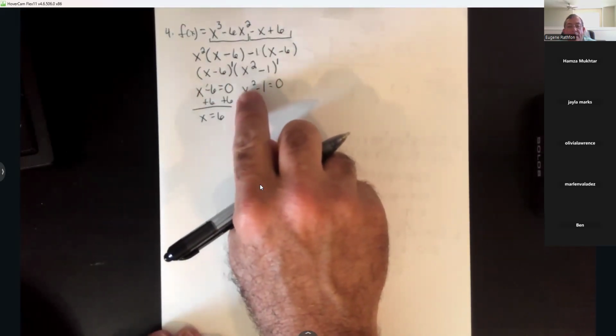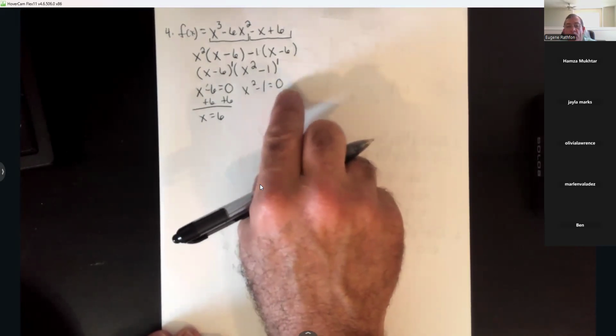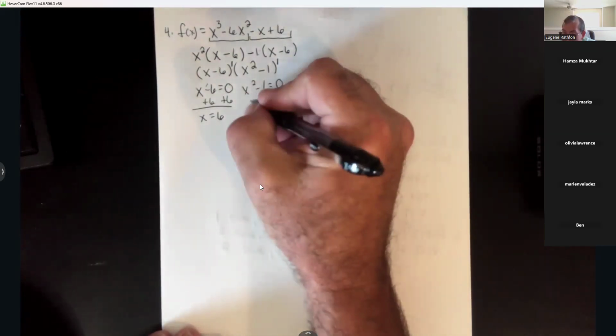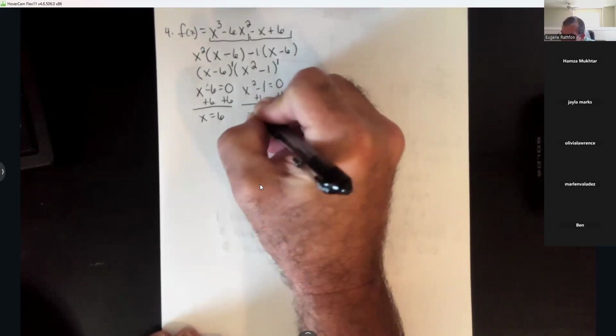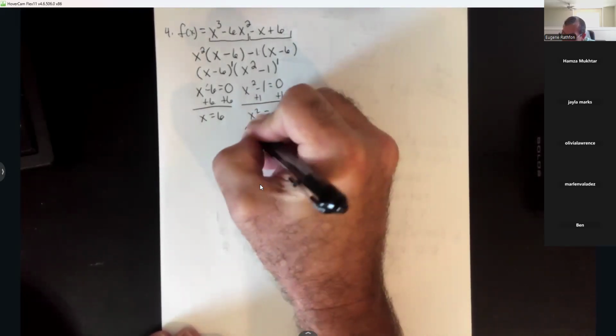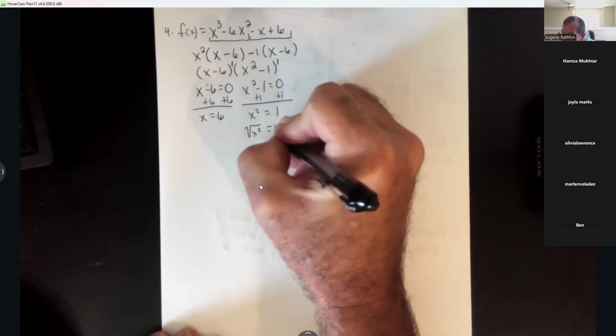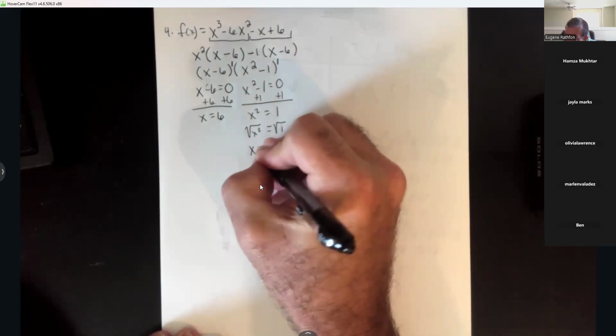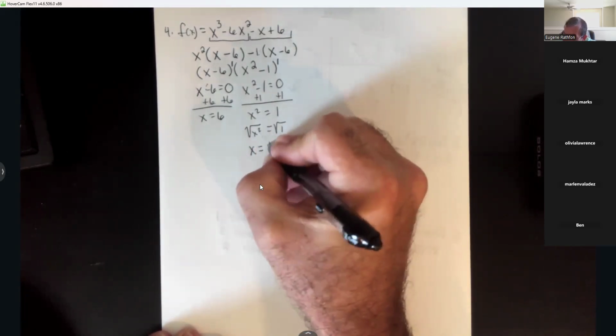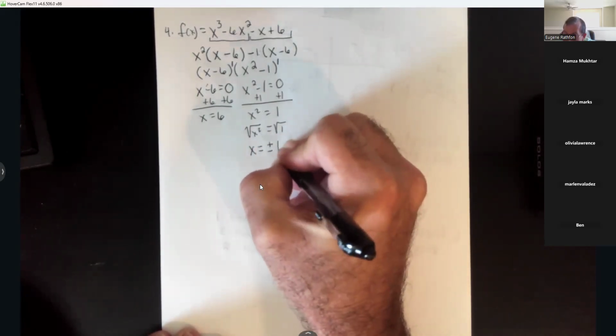On the second one, I got an x squared term in the number. I'm going to add the number and do my square roots. So the square root of x squared will equal the square root of 1. So the square root of x squared was x. The square root of 1 is a plus or minus 1.